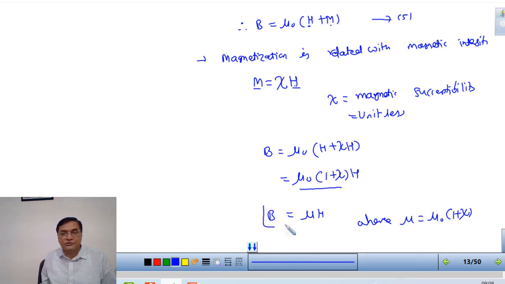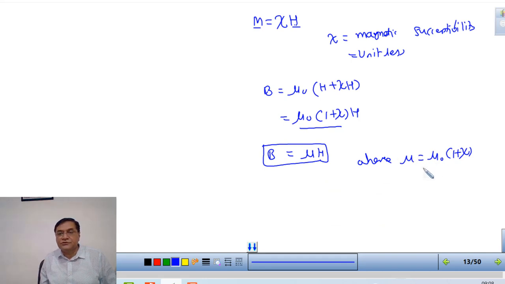Okay. So this is also one more equation. B is equal to μ H. B0 is equal to μ0 H.